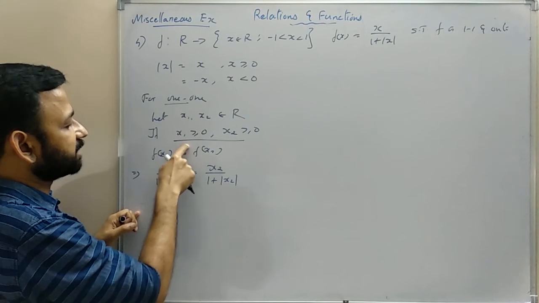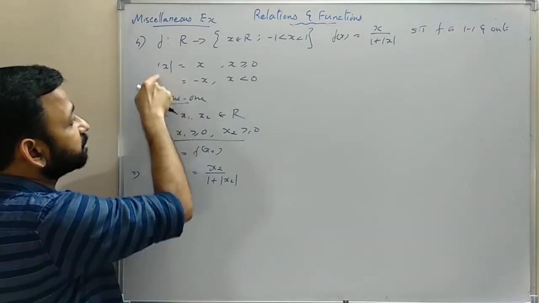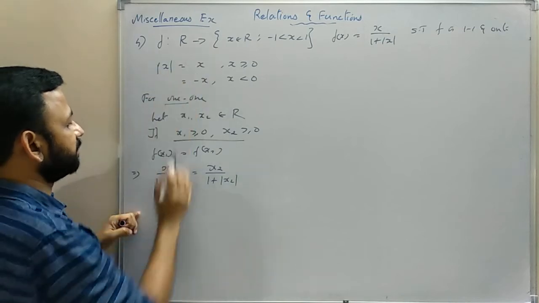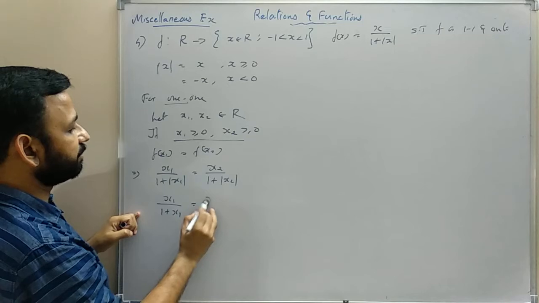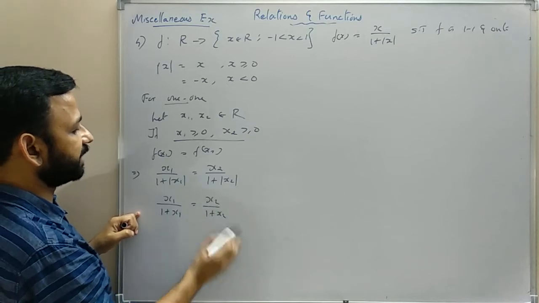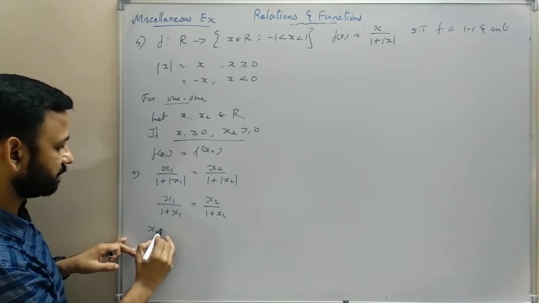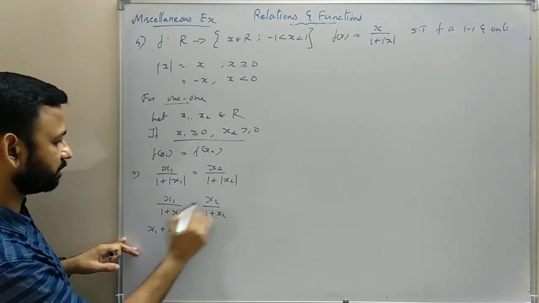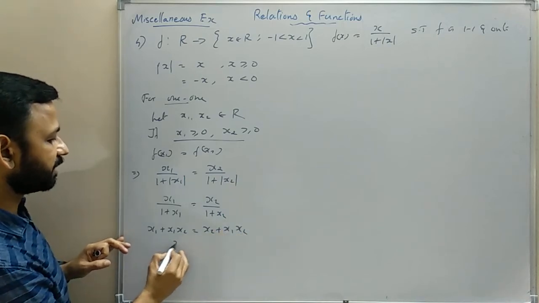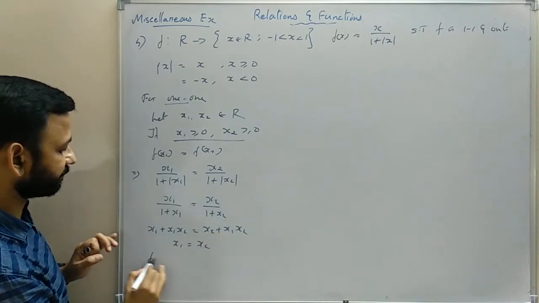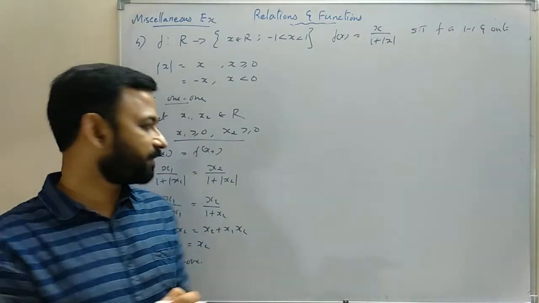So here x1 is greater than or equal to 0, so modulus of x1 is equal to x1. So we can write x1 upon 1 plus x1 equal to x2 upon 1 plus x2. Now we cross multiply: x1 plus x1 x2 is equal to x2 plus x1 x2. So cancel the x1 x2, therefore x1 equal to x2, therefore f is one-one. So in this case it is a one-one function.